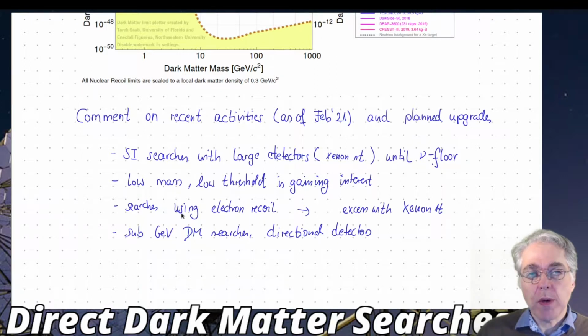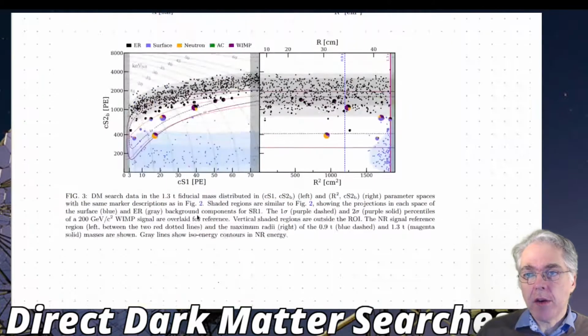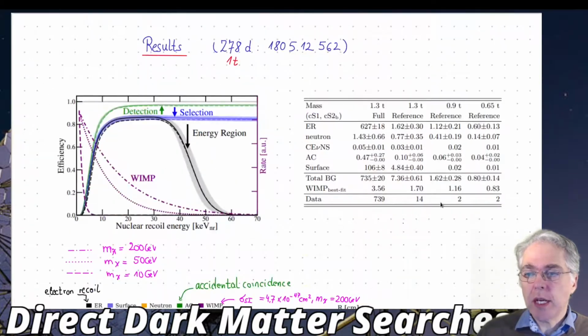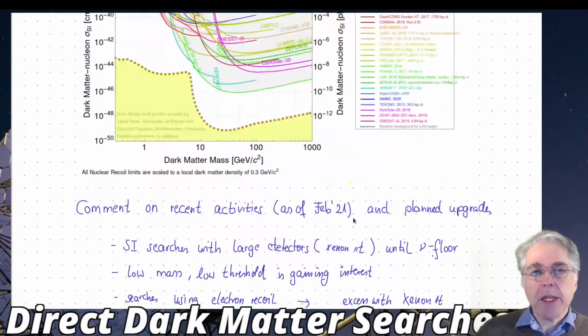To summarize and conclude on the direct search methods, there's a couple of ways which are considered to move forward. One is straightforward: make the detectors bigger and run them longer. You see that running longer is not really such a good solution anymore, because sensitivity now grows with the square root of the time because the background is already dominating. However, if you make the detectors bigger, you basically increase the volume substantially, and you can get rid of more background actually.